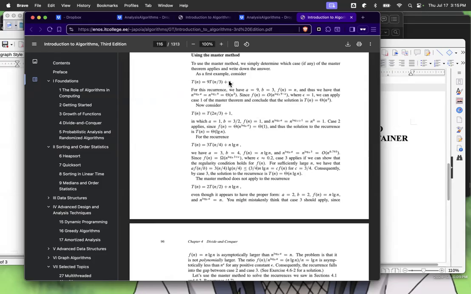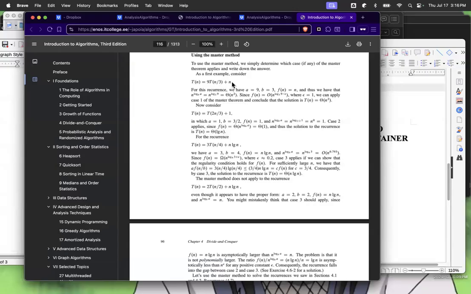In this case, we have n, and here we have a, and that's b. And so now we're wondering, if n is less than n to the log base b of a, n to the log base 3 of 9, well then what does that leave us with?